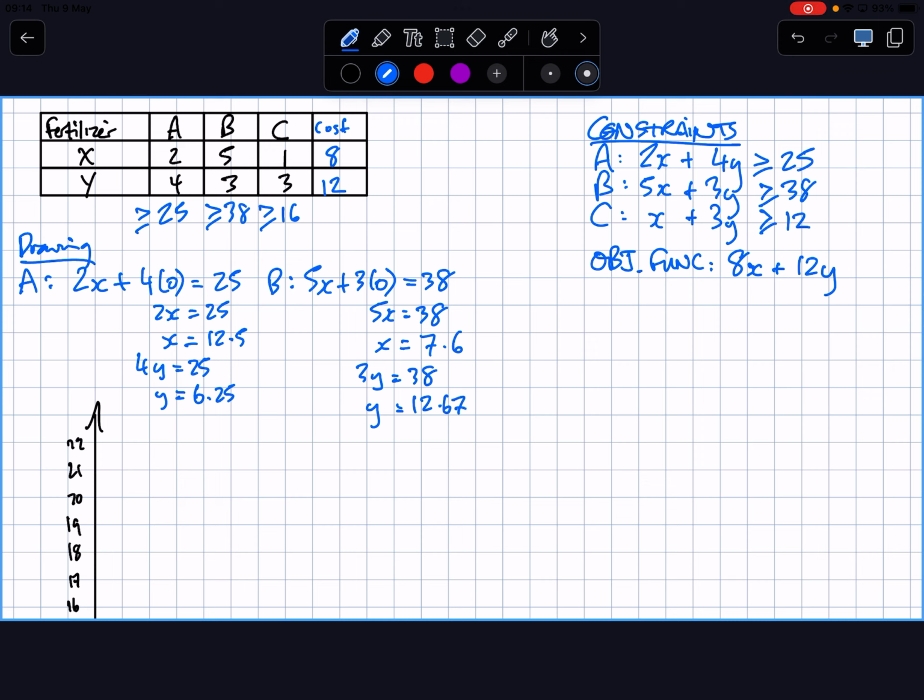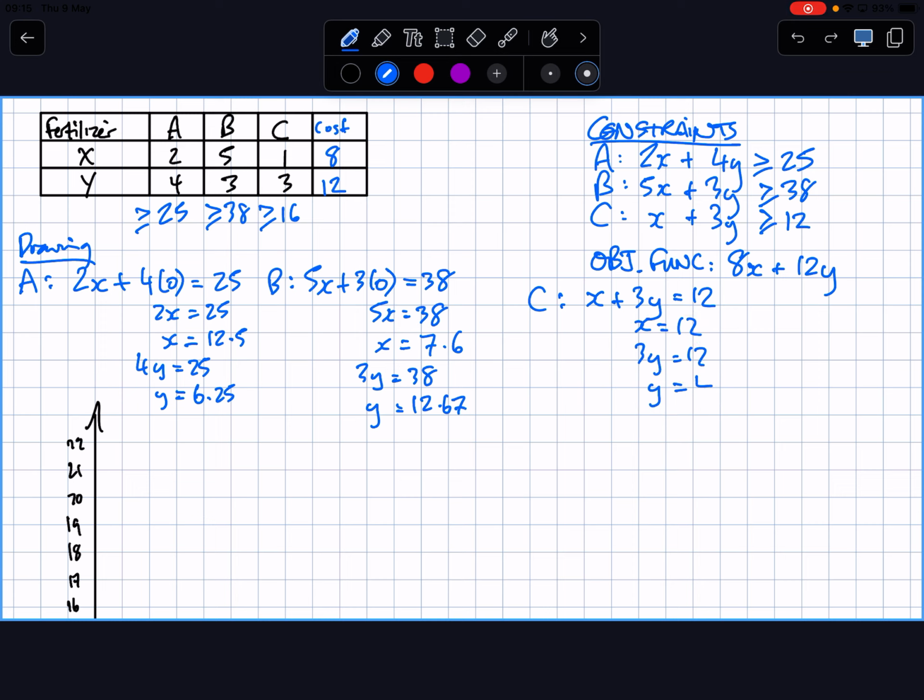And then C, drawing C. This one's the least dodgy, I reckon. X equals 12. 3y equals 12. Y is going to be 4. So put little circles around. It's 16? X is 16, okay, cool. Thank you. Where did I get the 12? Oh, I looked at cost.